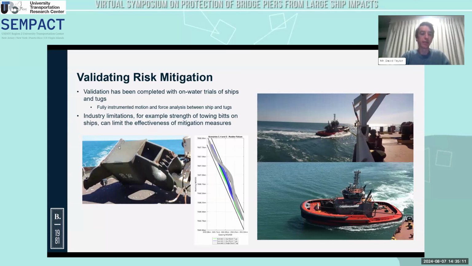One of the key things that we've done is we've validated on water what risk mitigation can actually be achieved using those measures.